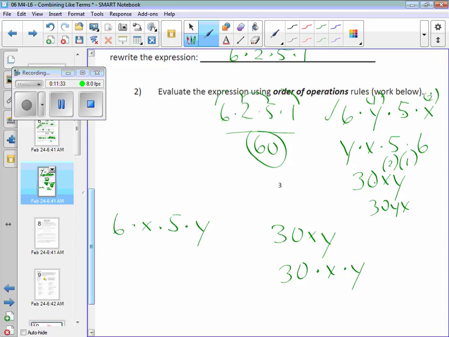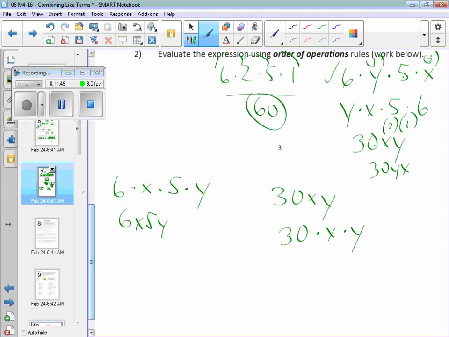No. If I rewrite it without the dots, that's still the same thing, right? You've got to get it out of your head that this is going to be 62. It's 6 times 2 times 5 times 1. Okay?